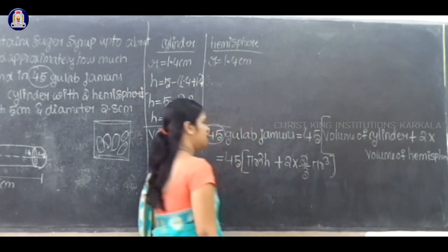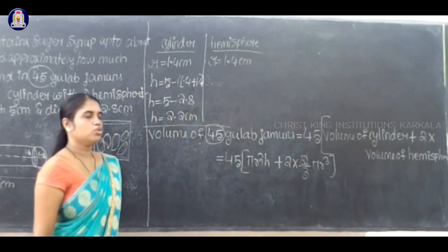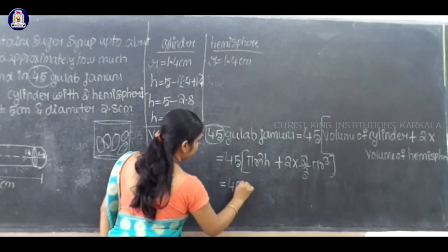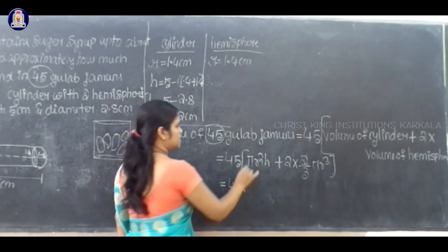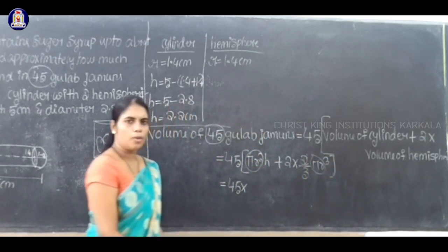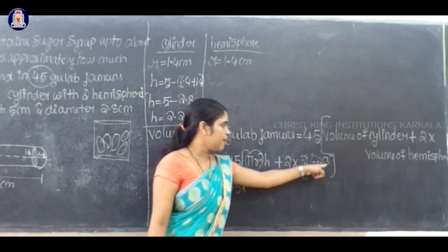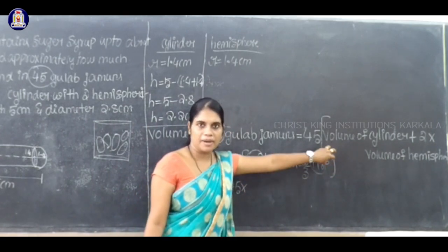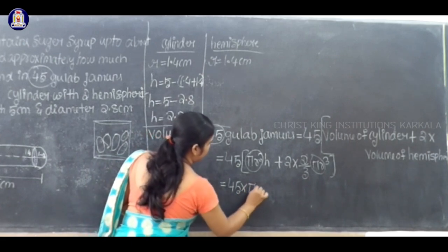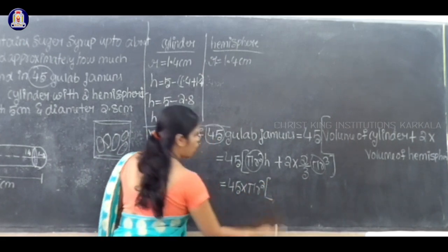Okay, yes. Among these two, can I take pi r square as a common term? Pi r square, pi r cube. Pi r square is common, isn't it?